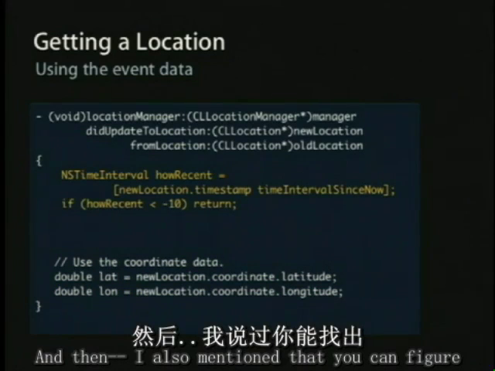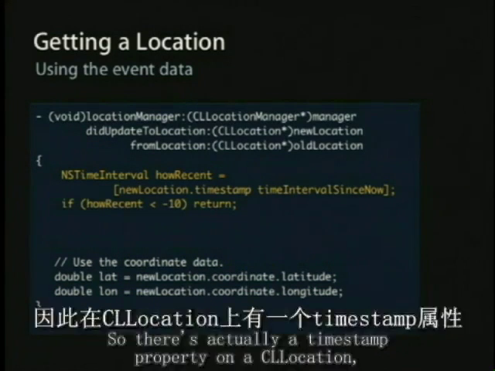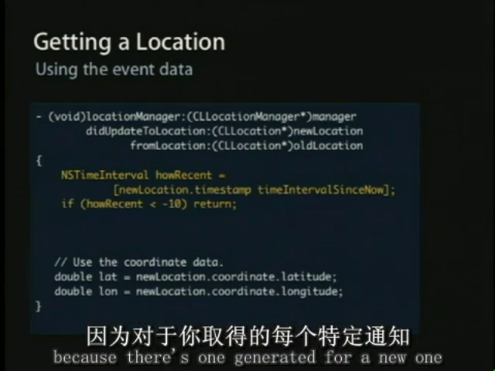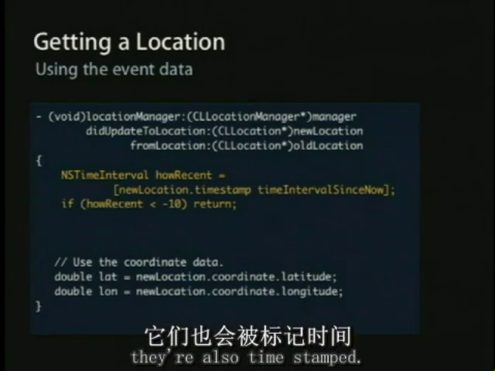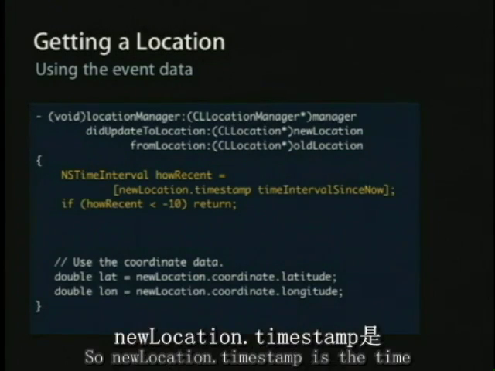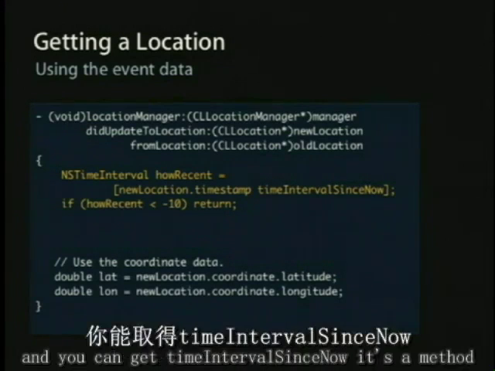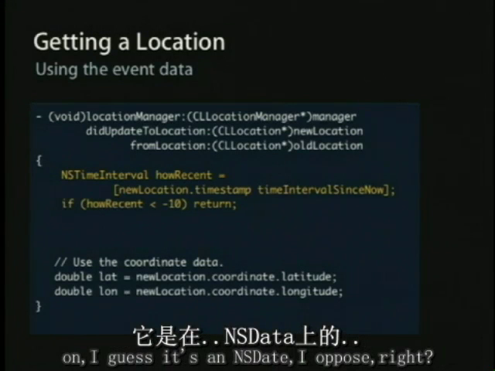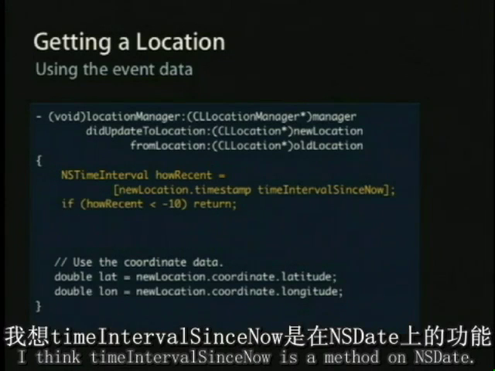And then I also mentioned that you can figure out how long it's been since the last notification you got. There's actually a timestamp property on a CLLocation, because there's a new one generated for every particular notification you get. They're actually also timestamped. So newLocation.timestamp is the time that that location was generated, and you can get timeIntervalSinceNow, which is a method on, I guess it's an NSDate, right? Must be an NSDate, yeah. I think timeIntervalSinceNow is a method on NSDate.